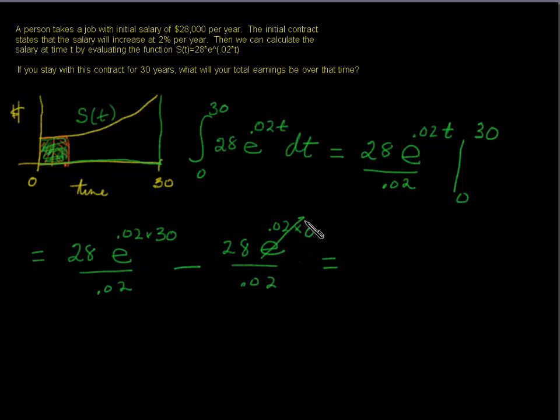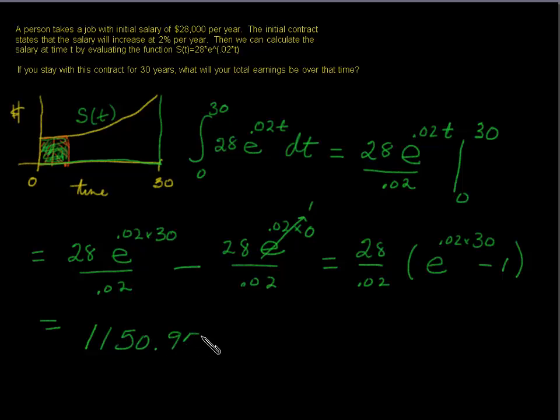So this thing goes to 1, and I'm going to have a 28 over 0.02, and here I've got a 28 over 0.02. So why don't I factor those out, and I'm left with e to the 0.02 times 30 minus 1 is equal to, and if we do the arithmetic, we will find that the answer would be 1150.97.